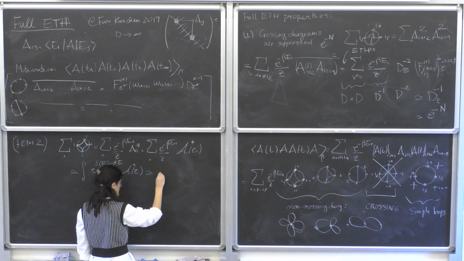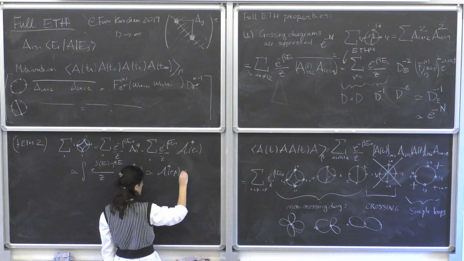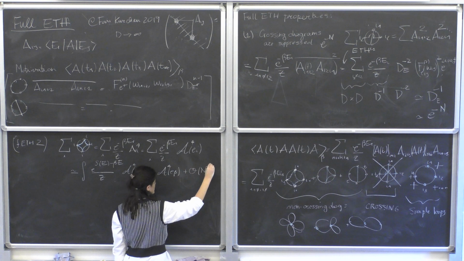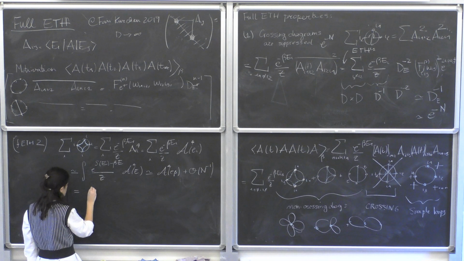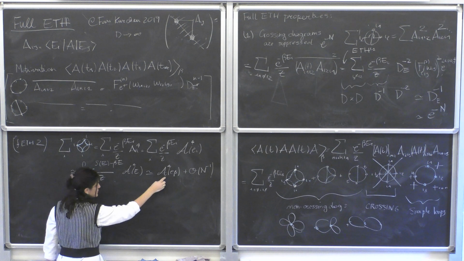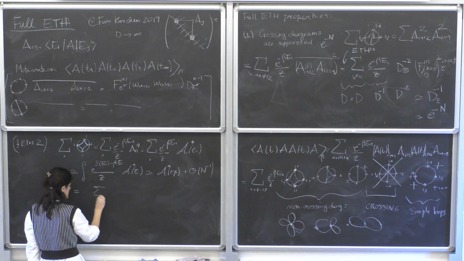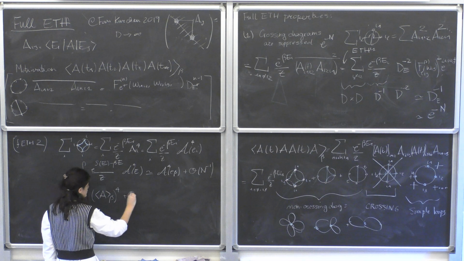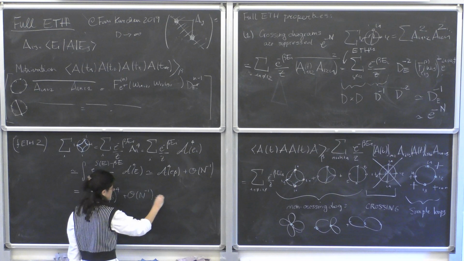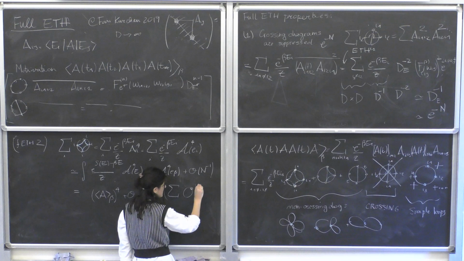So this is equal to A of E_beta to the power 4 plus N to the minus 1, which is equal to, so this was the thermal one-point function, no? So we discussed this is this to the power 4. So this is basically the simple loop of order 1 to the power 4.